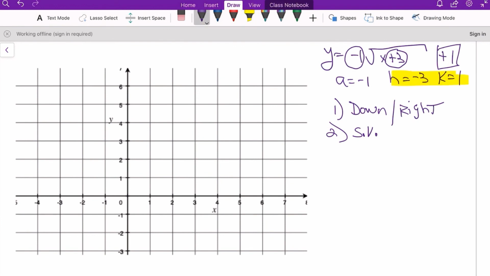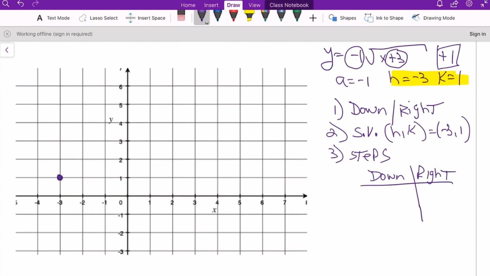So hk is, for this graph, going to be negative 3, comma 1. So we're going to put that on the graph. So we're at negative 3 and 1. And the steps. So this time we're going to walk down and then right.